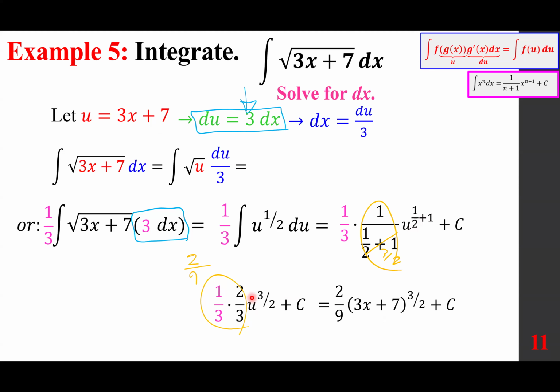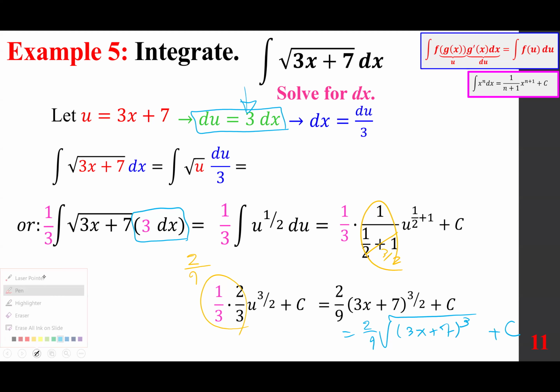If you want to put it back in the same format with the square root, you can do that. It becomes 2 over 9 square root of 3x plus 7 cubed and a constant.